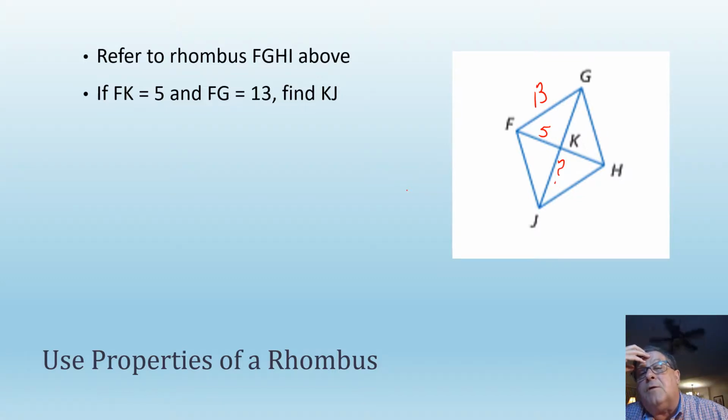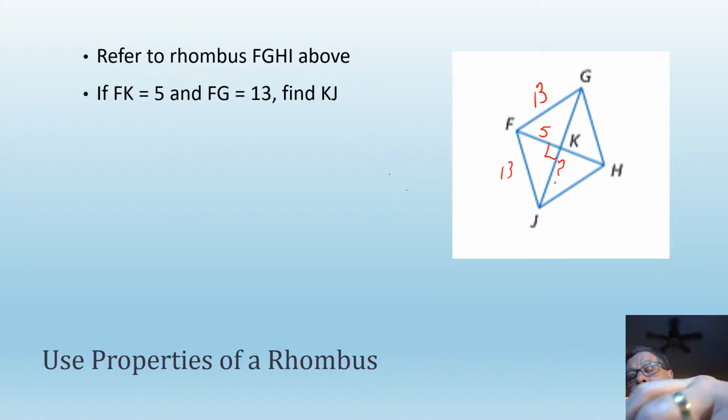And another characteristic of a rhombus is that the diagonals are perpendicular, so this is going to be a 90-degree angle. Now, if all the sides are congruent, then FJ has also got to be 13. If FG is 13, FJ is 13.